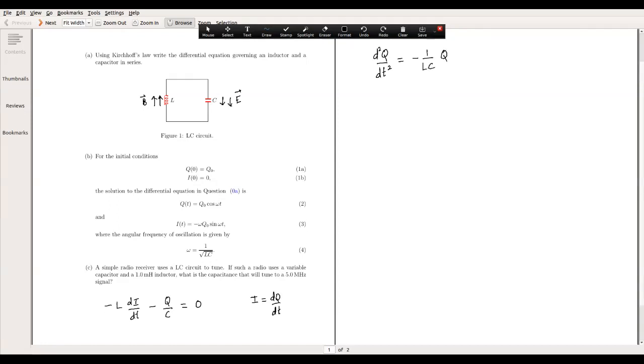It's convenient to define the angular frequency squared as 1 over the inductance times the capacitance, and this differential equation then takes the form minus omega squared times q.